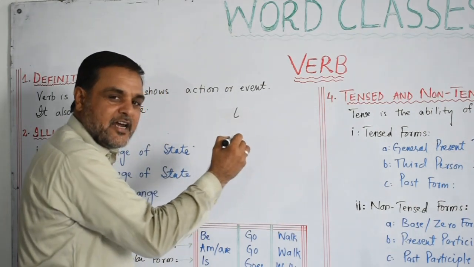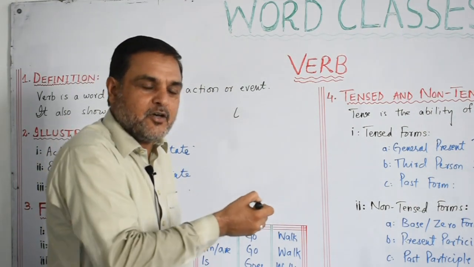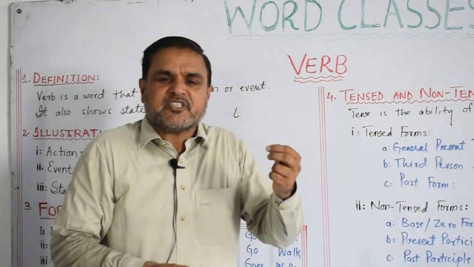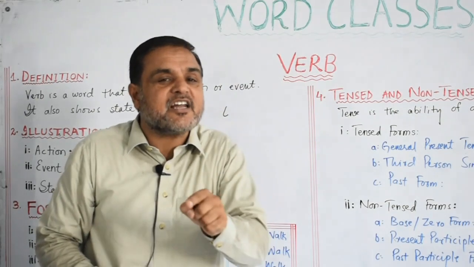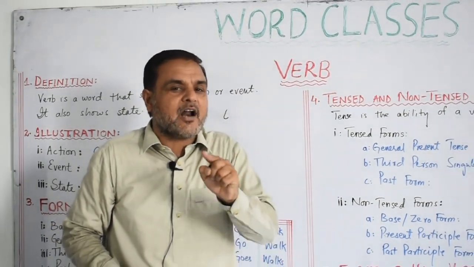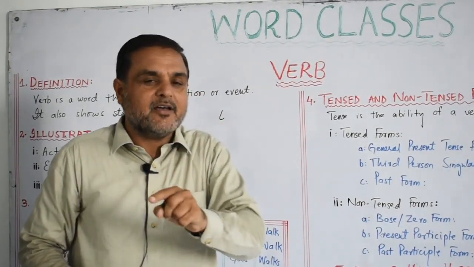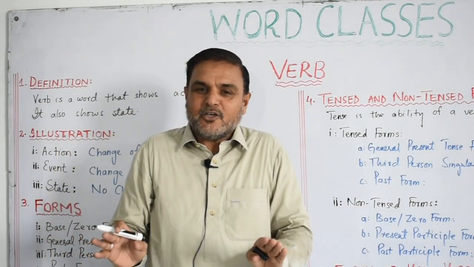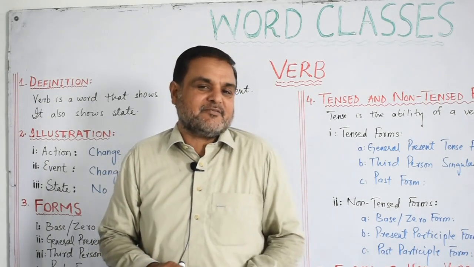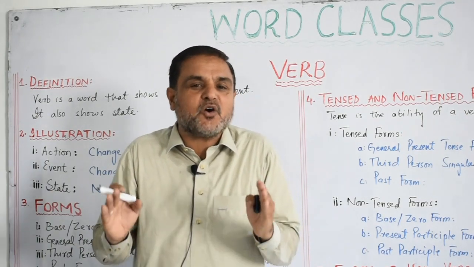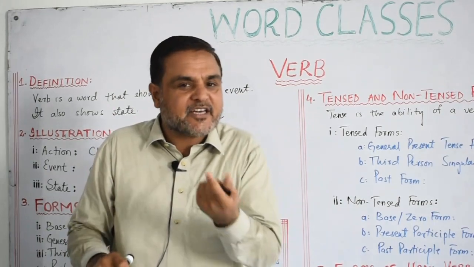So this change of state is called action. So what is the word that represents this change of state? Write. Fine. This is the reason we call write a verb. I think you now have a fair idea of what exactly is meant by action. Change of state is called action.